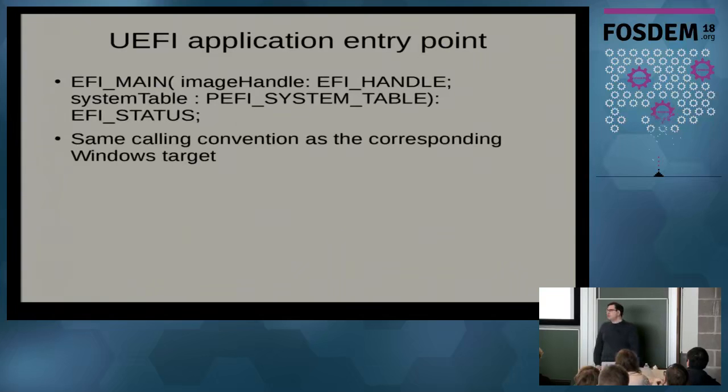And to call those UEFI APIs, you have to use the same calling convention as the corresponding Windows target. So that is also another problem that you might have with standard Linux object files, because you probably don't use the same calling convention. And GNU EFI is just about that. You call something that makes the translation for you.